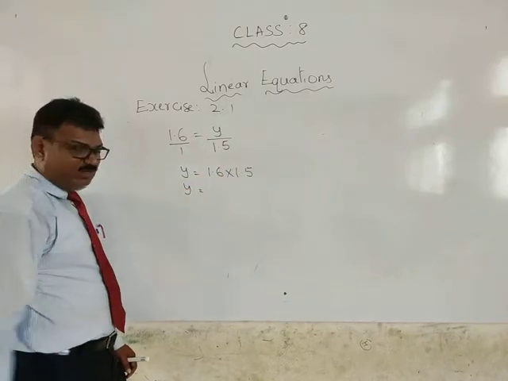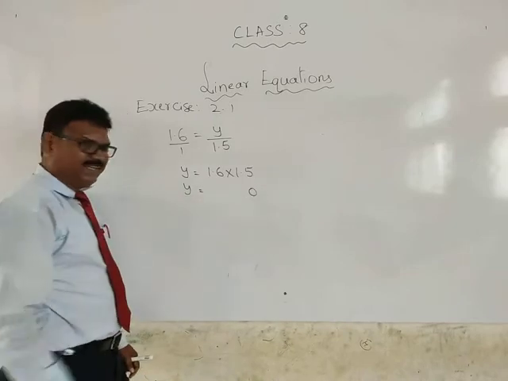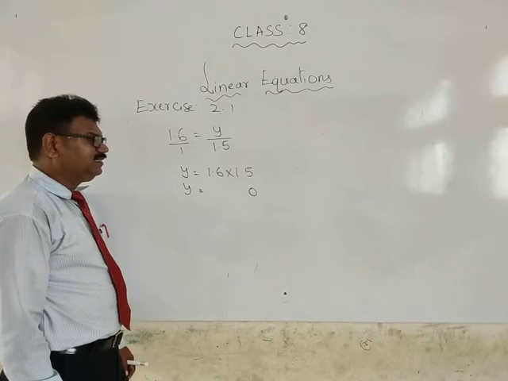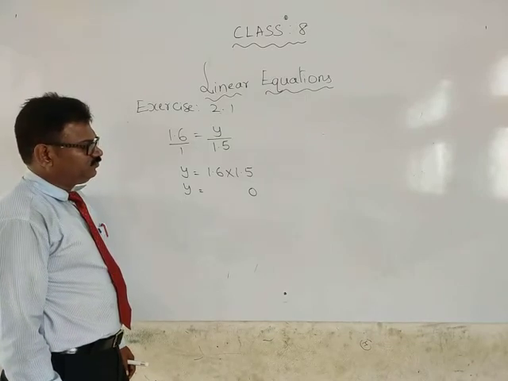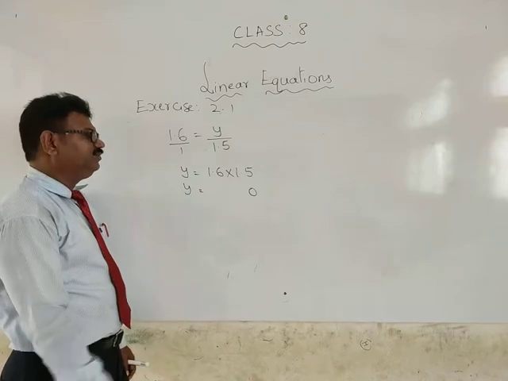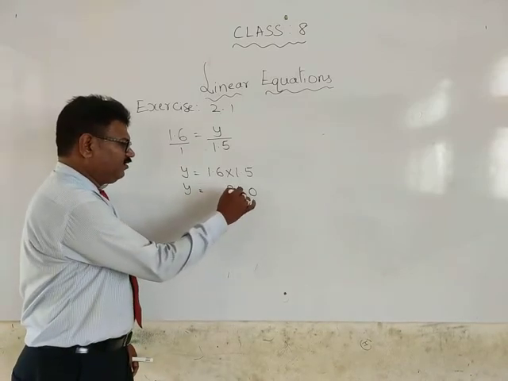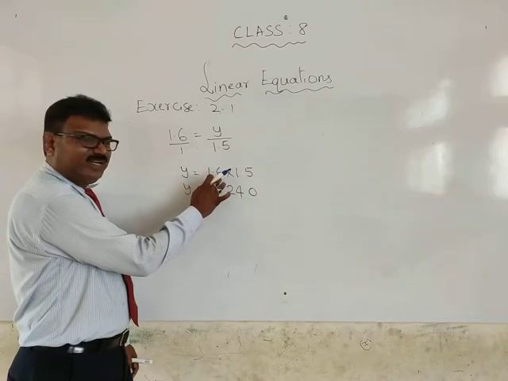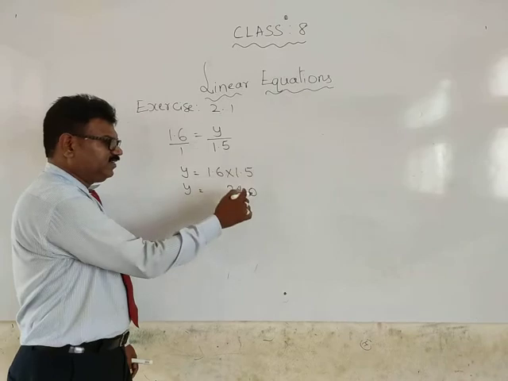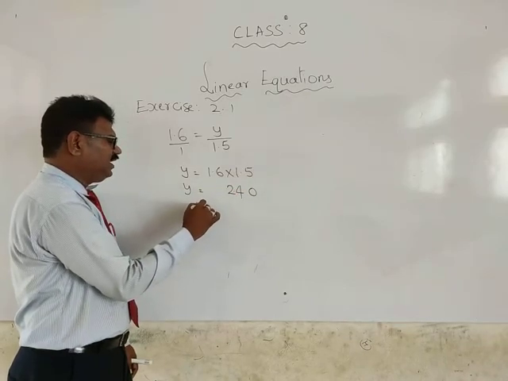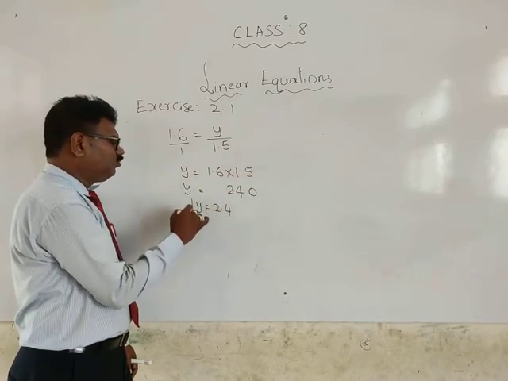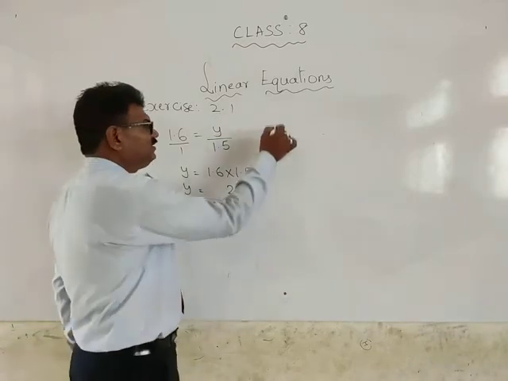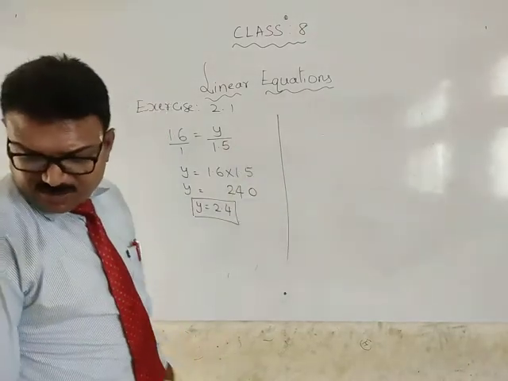Therefore, y equal to 6 into 5 is 30, 6 into 1 is 6, 1 into 5 is 5, 1 into 1 is 1, and adding gives 24. You see, after the decimal point one place, after the decimal point one more place, therefore two places we have to count. Therefore y equal to, what is the answer? 2.4. If you write 0 also same, if you are not writing 0 also same only. Okay? Yes, next problem.